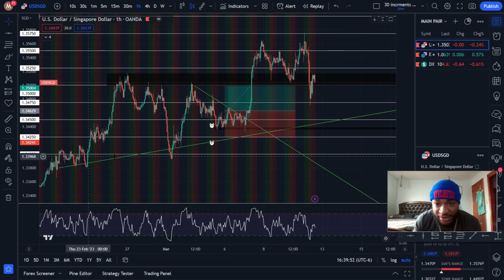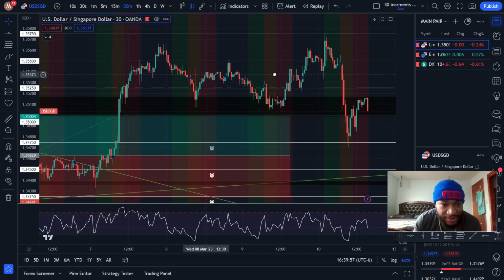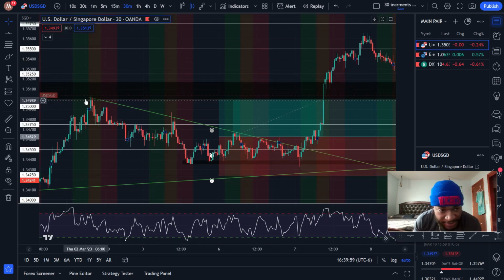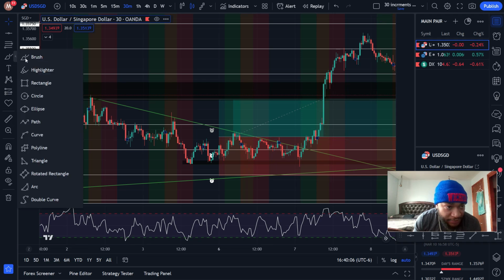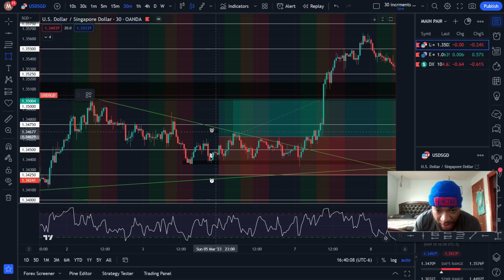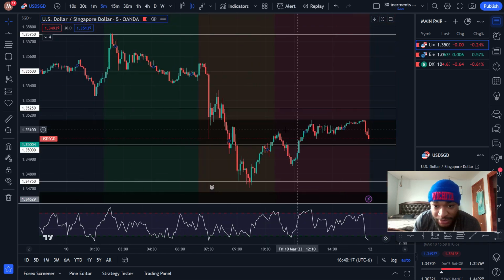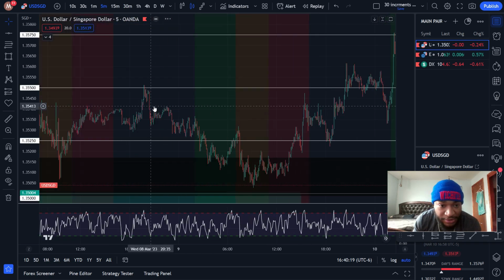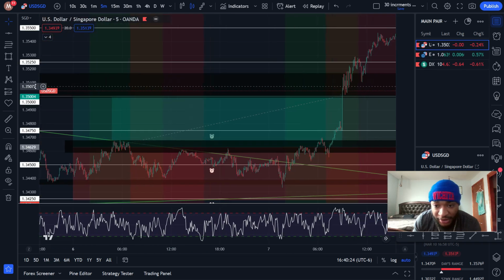And another thing that I did, let me go to the 30 minutes. Yeah, because I believe, sorry, let's go back. At this point, once I knew, one reason why I stacked is because, going into a smaller time frame, from that little box I drew up was a good area to get in.